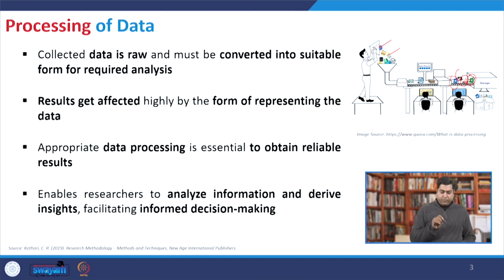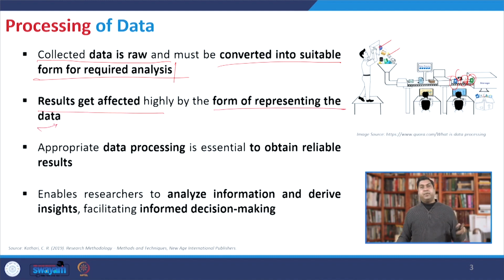So the main point is that the collected information or data is raw and must be converted into a suitable form for the required analysis. The result gets affected highly by the form of representing the data. If there is some kind of error in your data, that sometimes will impact your results.